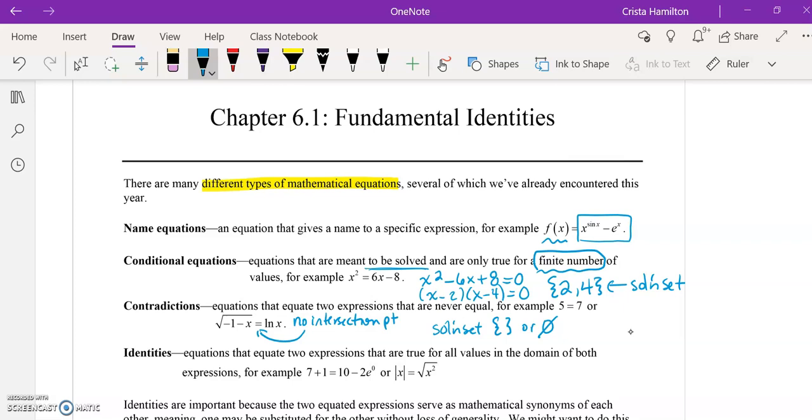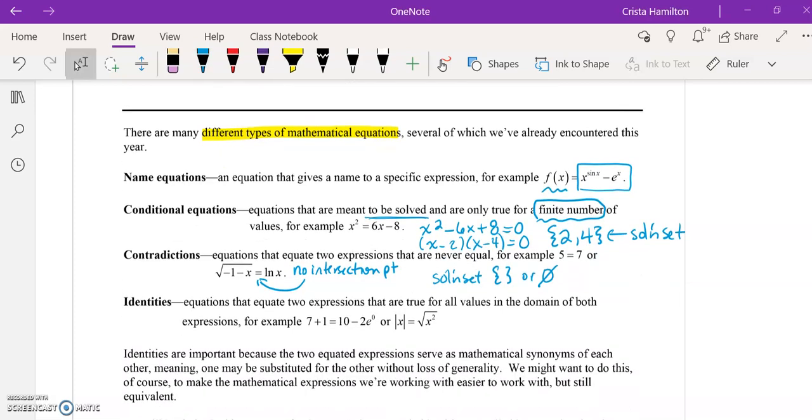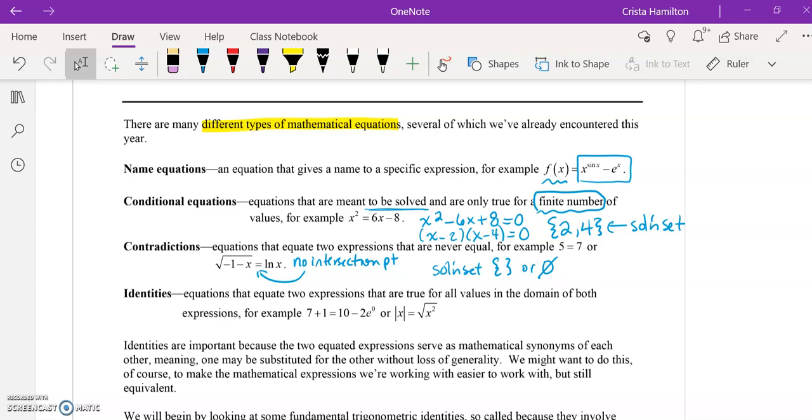All right, now taking a look at our identities, what's important about identities? They're still equations, and they look like equations, but they equate two expressions that are true for all values in the domain of both expressions.